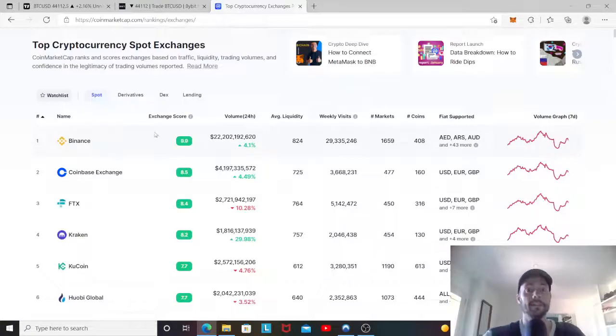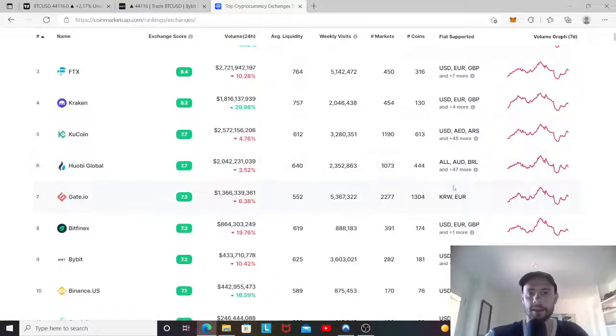So Binance 9.9. Apparently CoinMarketCap really likes them. They do have way more volume than anyone. So you can see the volume for each exchange, liquidity, the weekly visits, how many different coins they have. So, like, Gate.io, it's got a ton of coins.